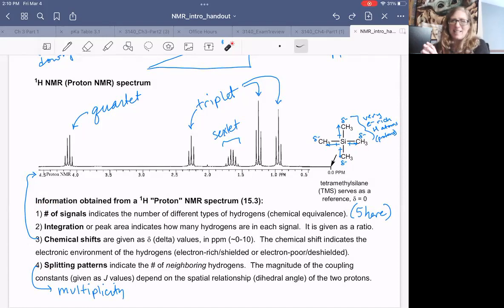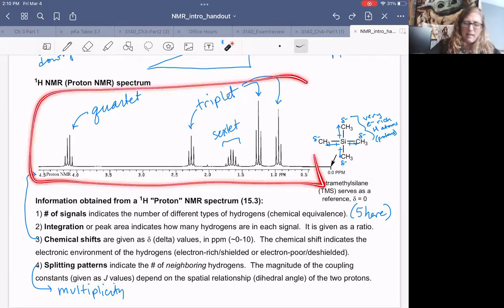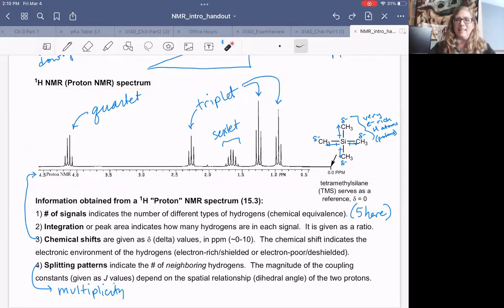Then, after we really become familiarized with the components of an NMR spectrum, we'll be ready to do the last part, which is to take an NMR spectrum like this and propose a structure that is consistent with it. This is kind of an introduction to NMR. Next, we're going to dive into these 4 parts and the theory behind them, and predicting a spectrum. And then the last part will be proposing a structure. So I'll see you for the next part.